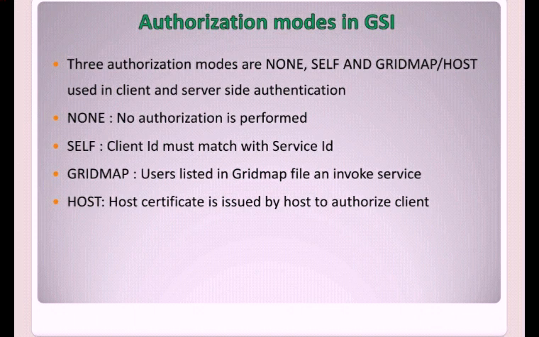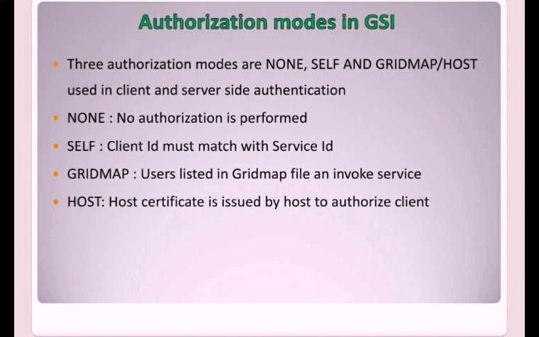The next is client side authorization. The three modes used in this authorization are none, self and host. The first two authorization modes are similar to the server side. That is, none means there will be no authorization performed.